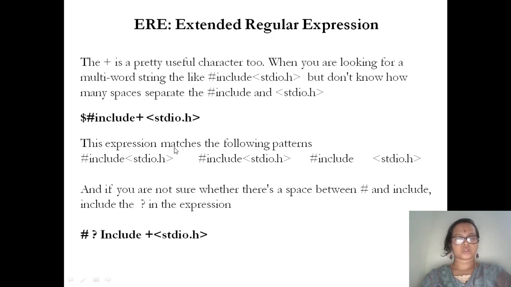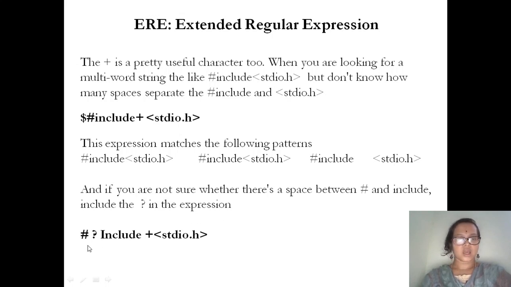So this expression matches the following patterns. It matches #include stdio.h without extra space, and also #include stdio.h with spaces before and after, or with the middle spaces also. And if you are not sure whether there is a space between hash and include, that can also be handled by including the question mark in the expression.